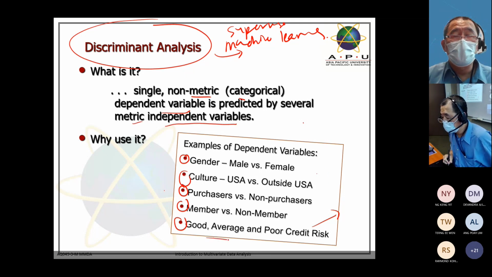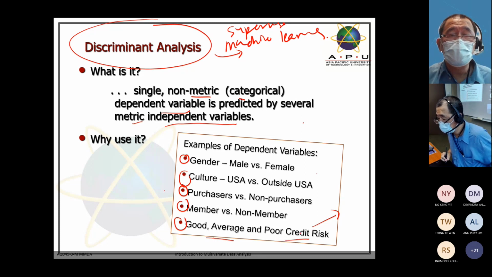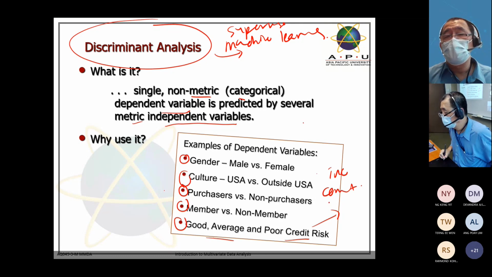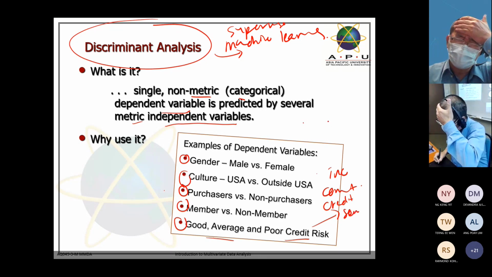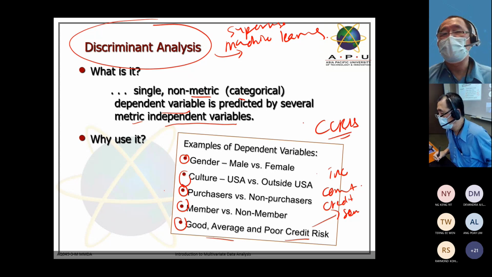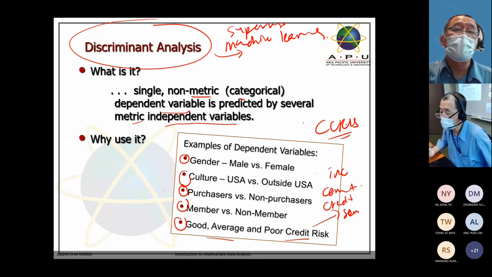For credit card, the credit risk can be the income, the commitment, or the credit score. Malaysians should know this, something like that, under the central bank.